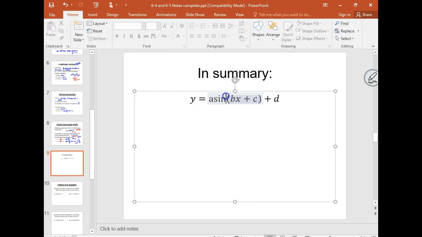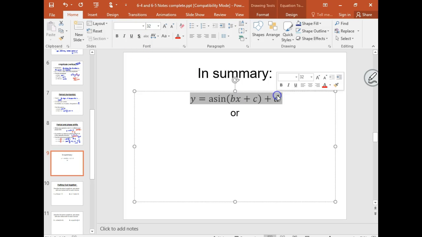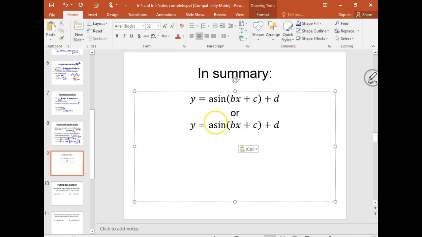Okay, so if I have that equation there. Or if I had this same equation, but instead of sine, cosine, then this will always be true.